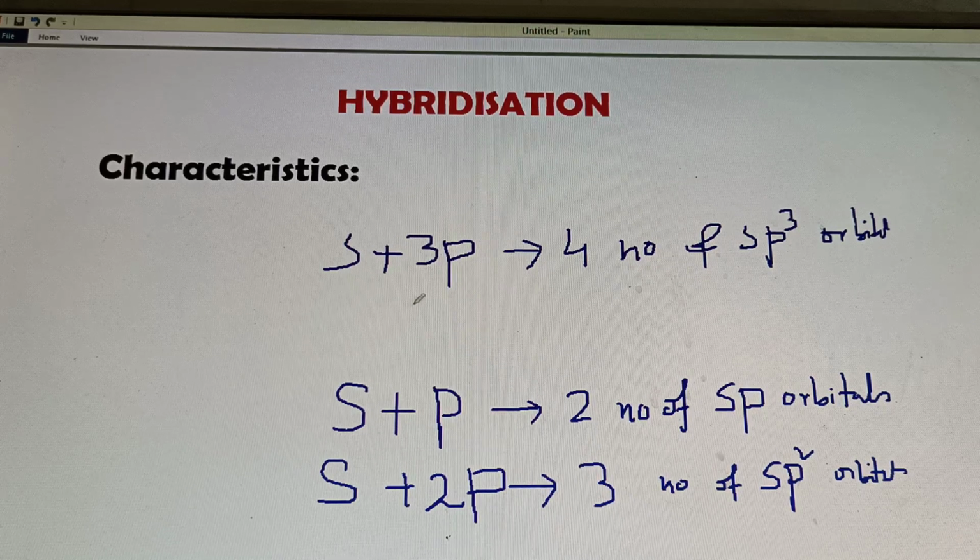The maximum number of p orbitals is 3, that is px, py, pz.